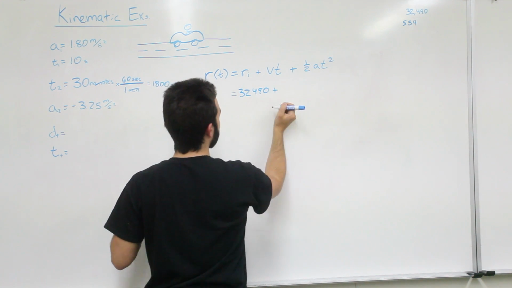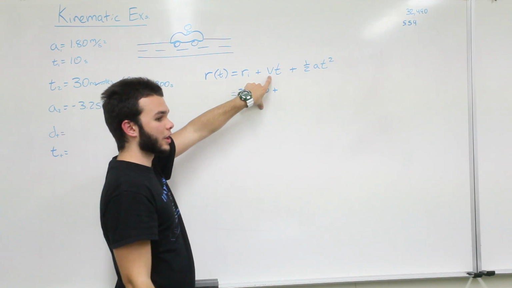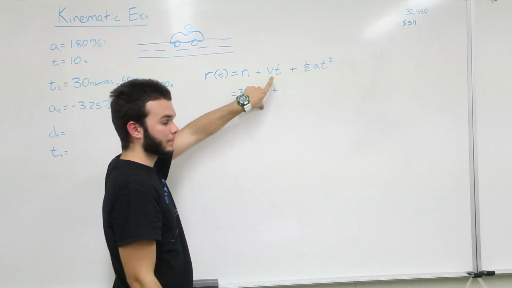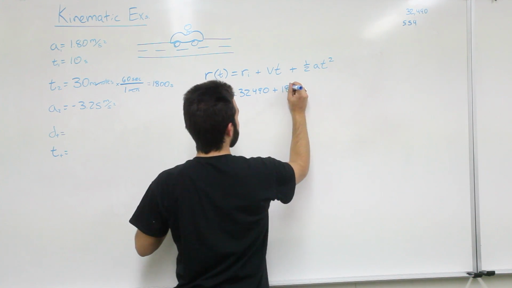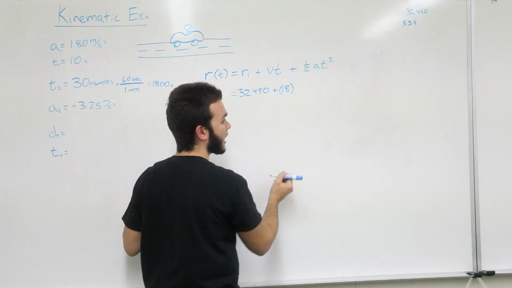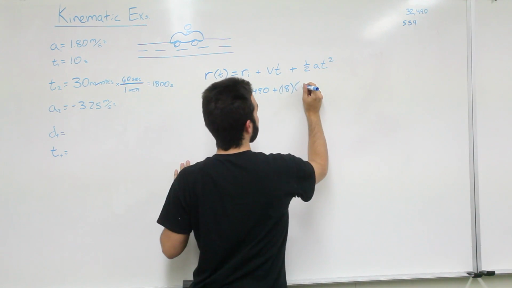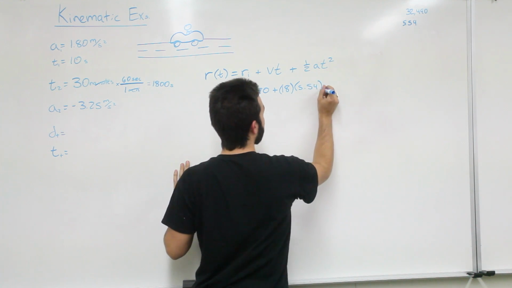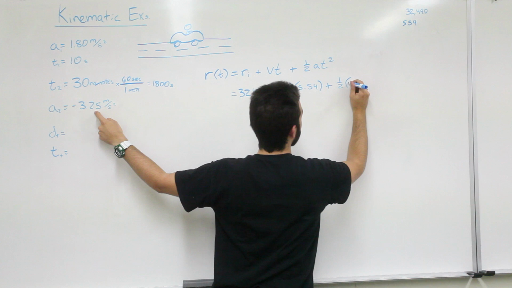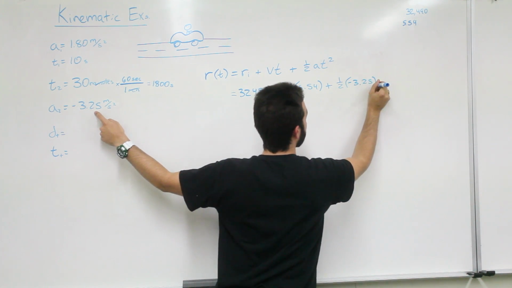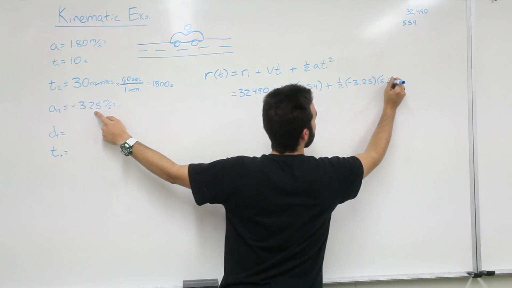32,490 plus the velocity we had at that specific moment before we started braking. So it's going to be 18 times the time it took us to brake, which is 5.54, plus 1/2 our deceleration times time squared again.